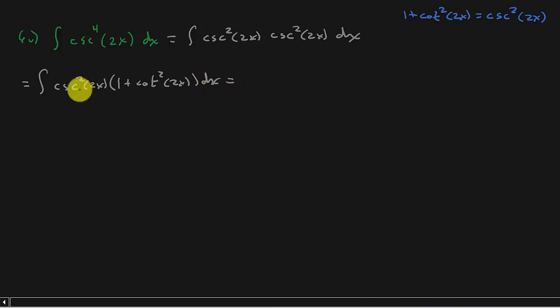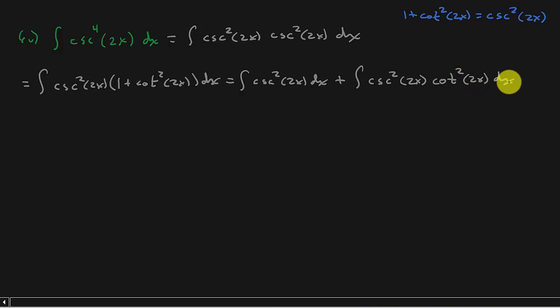And then I think what I want to do is distribute it. Clear those parentheses and split the integral up. So that's going to be the integral cosecant squared 2x dx plus the integral cosecant squared 2x cotangent squared 2x dx.